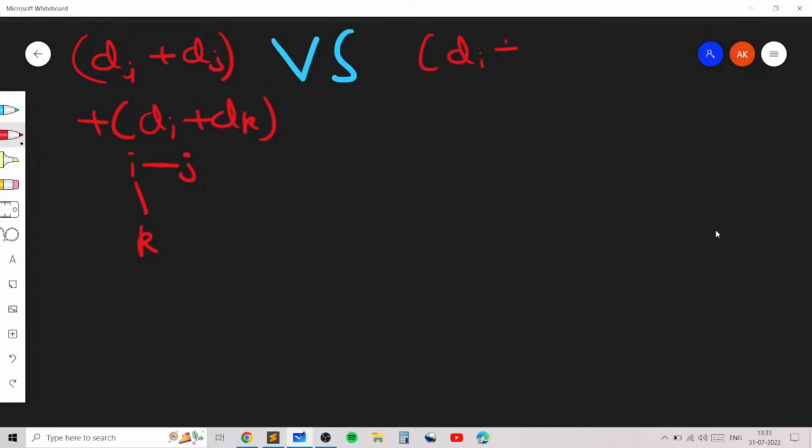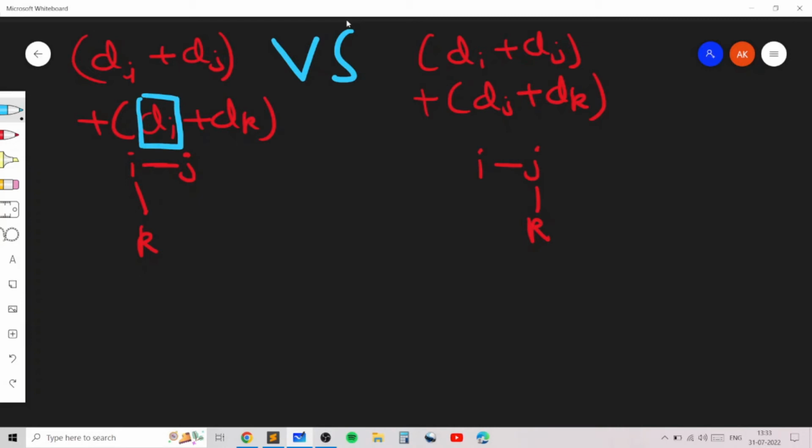The same cost for connecting i and j, but you're connecting person k with person j, connecting those two garages together. It's clear that the only difference in these two sides of the expression is di versus dj, so it will be more optimal to choose whichever is smaller. So if di is less than dj, we go with di. Otherwise, we go with dj.